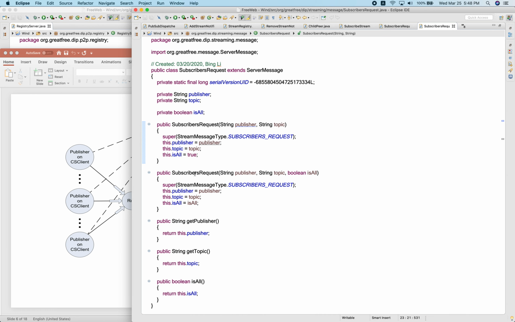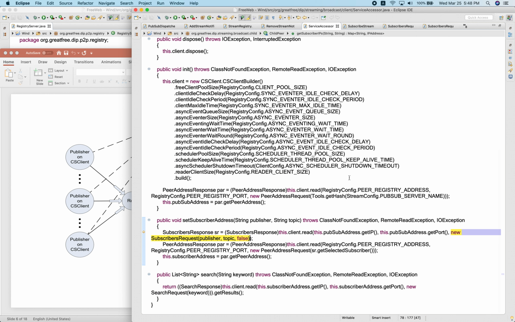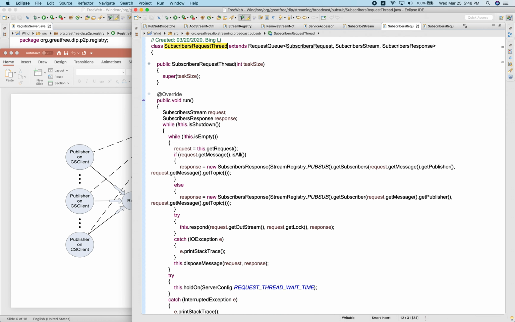However, this constructor is only accessed by the clan, so this one is set to false. If this one is set to false, that means only one child needs to be selected, so only one subscriber needs to be selected.